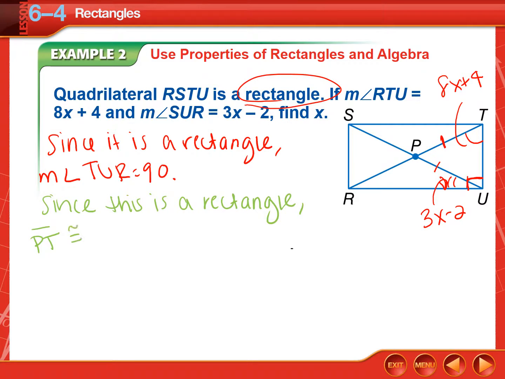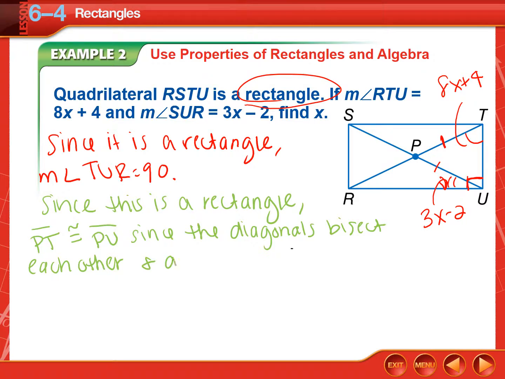PT is congruent to PU. The diagonals bisect each other and are congruent. Okay, so we've got PT is congruent to PU.